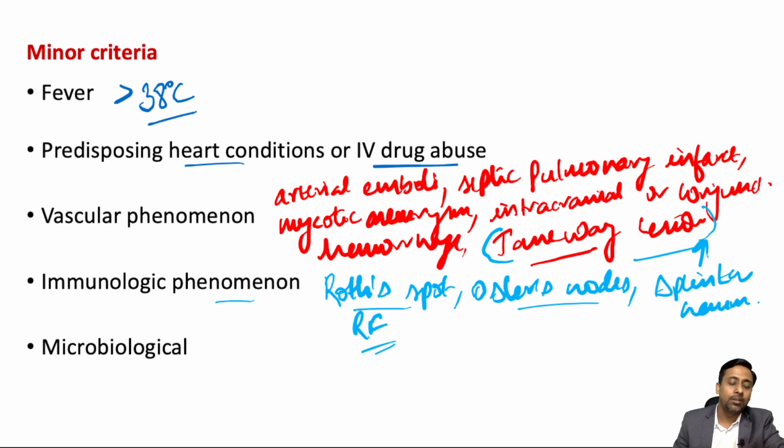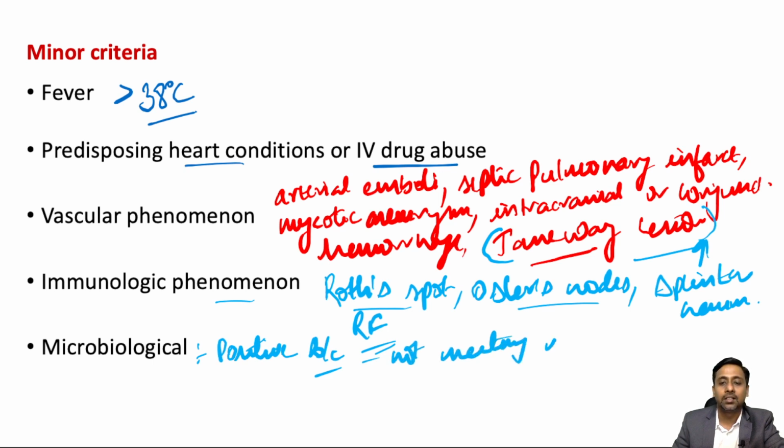And microbiological, positive blood culture, but not meeting the major criteria. That means maybe not positive in two separate blood cultures, or if we are taking a set of three, then maybe only one or two are positive.